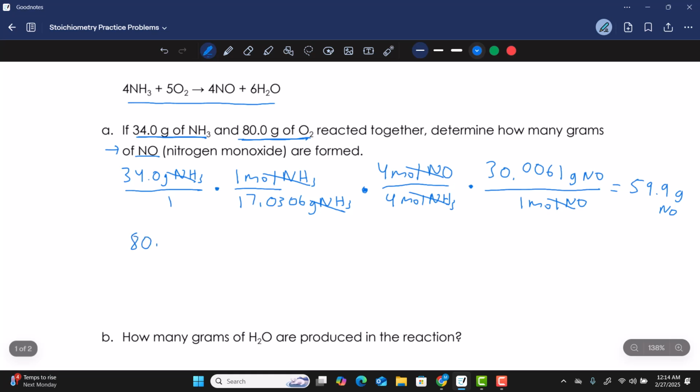So we'll do 80.0 grams of O2 over 1. We want moles on the top, so 1 mole of O2. And we want grams on the bottom so that the grams can cancel. So it'll be 2 times 15.9994, which is 31.998 grams of O2.